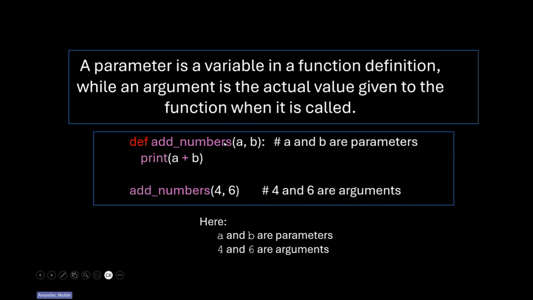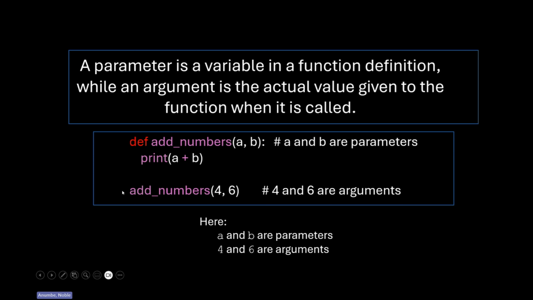Then this is my function name. These are my parameters. And then this is the body, which is the actual action I want it to perform. I want it to print A plus B. In other words, anytime I put in some number that is A and some other number that is B, I want you to add those two numbers, A plus B.